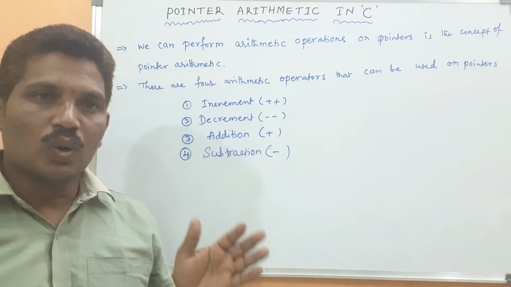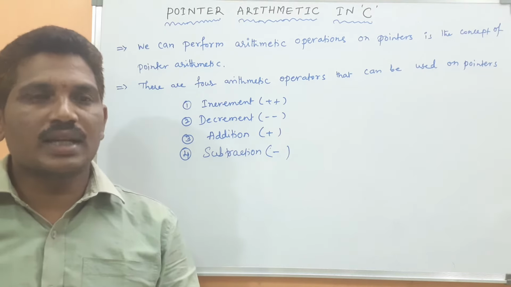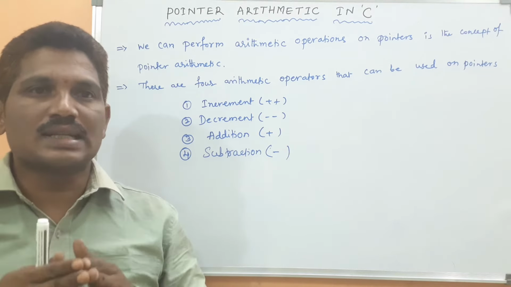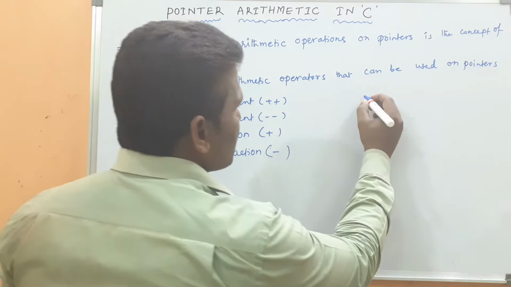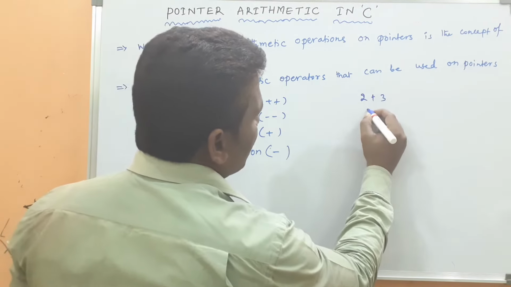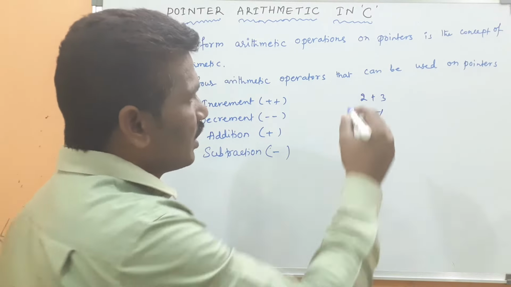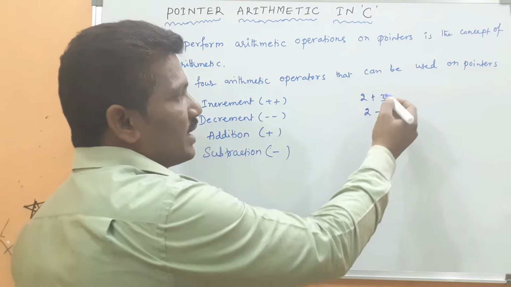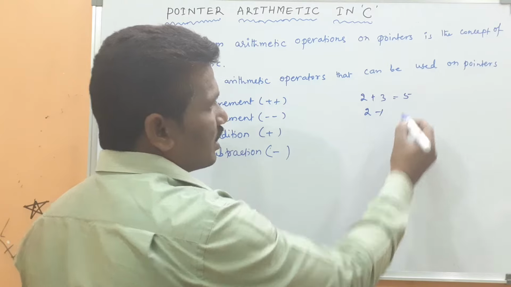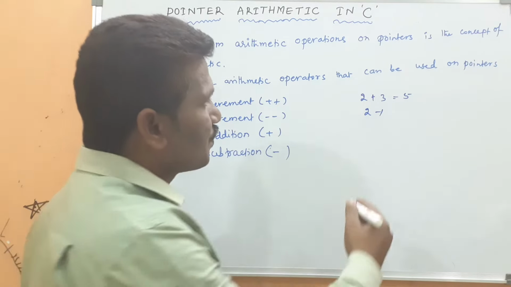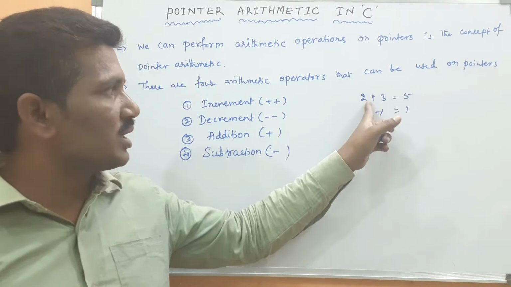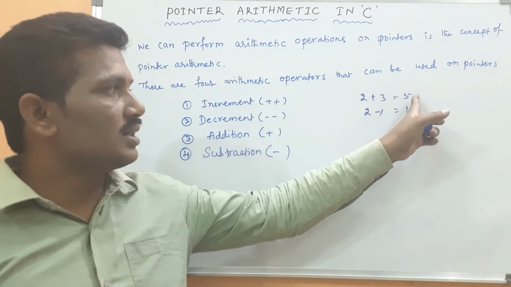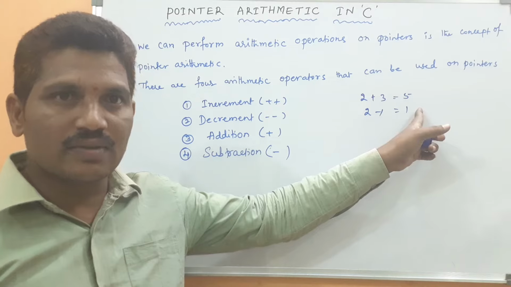Here, how can these operators perform operations on pointers? Because you know 2 plus 3 gives 5, and 2 minus 1 gives 1. Both are integer values, so the result is also an integer value.